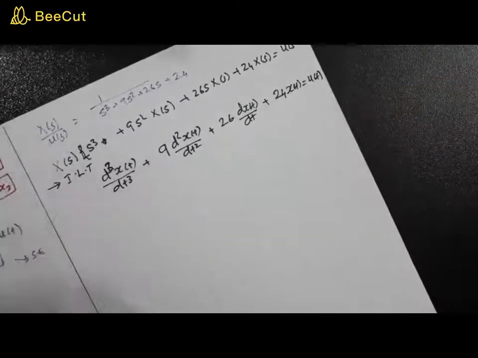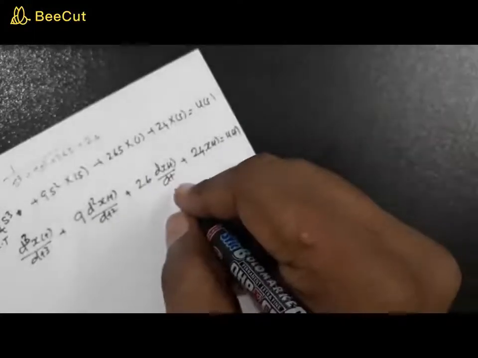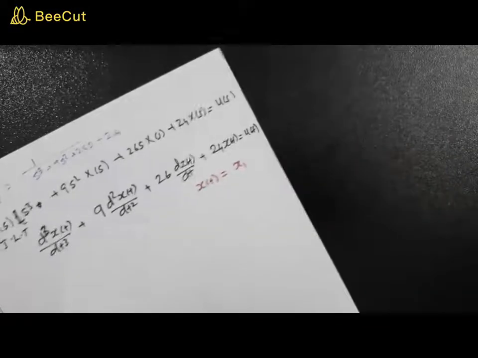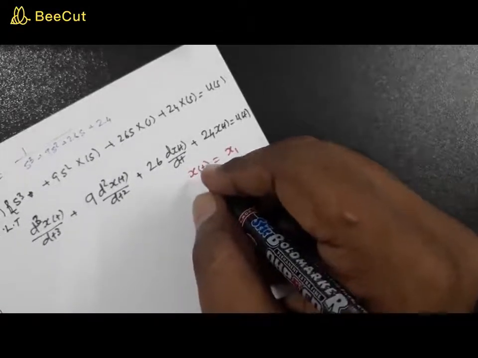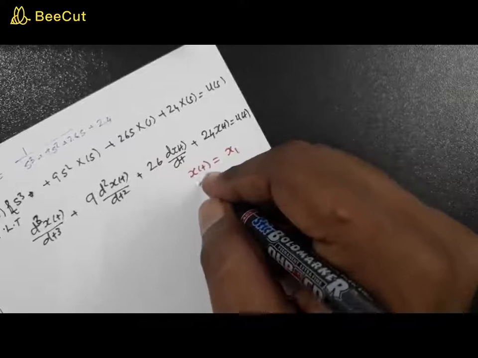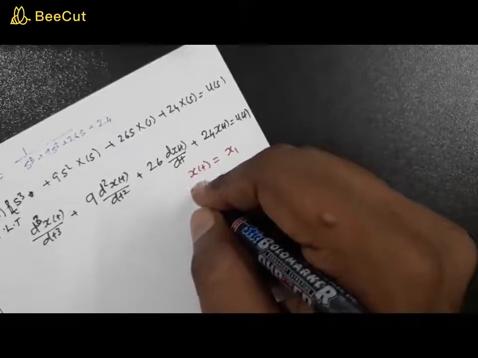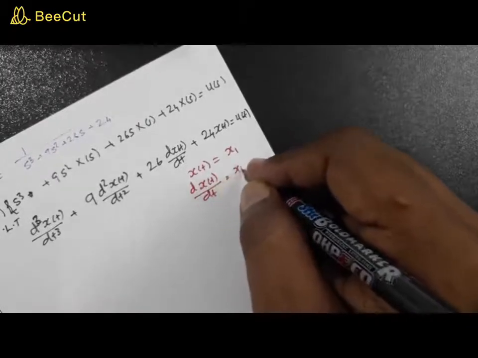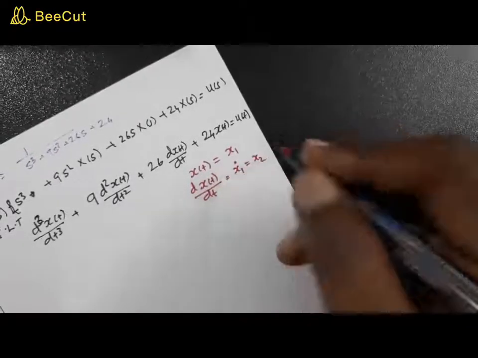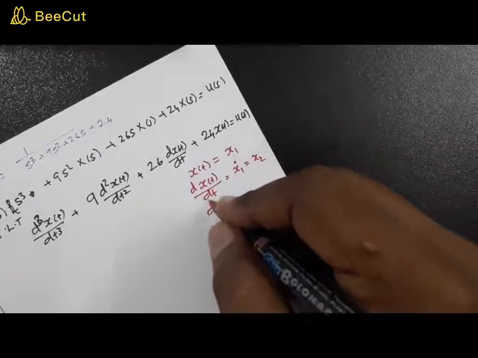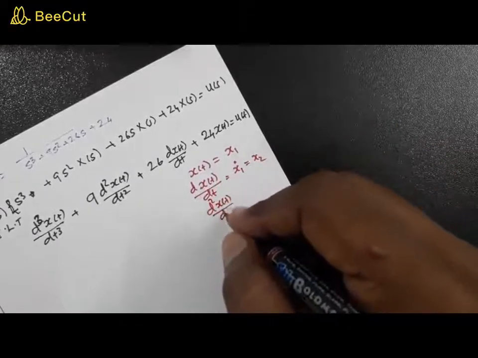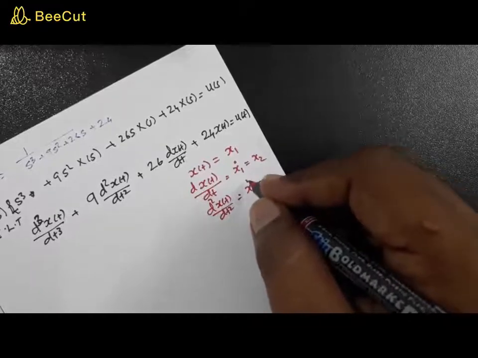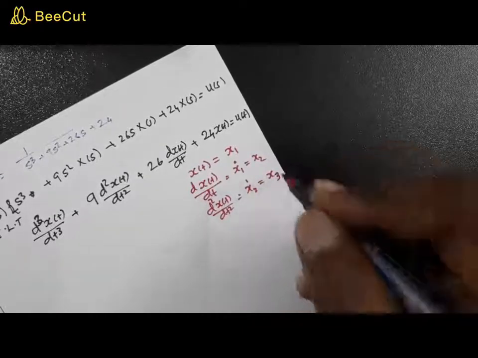Now from this, you need to assign x(t) as one of the state variables, x1. We will be having 3 state variables. Then dx(t) by dt is x1 dot, which is assigned as x2. d square x(t) by dt square is x2 dot, which is assumed to be x3.